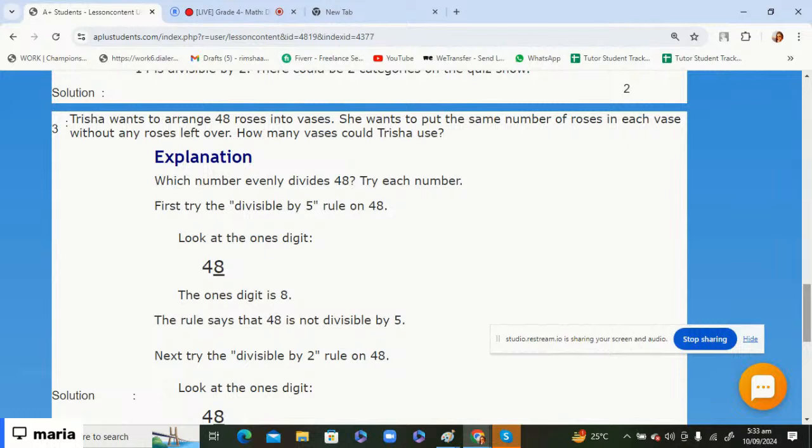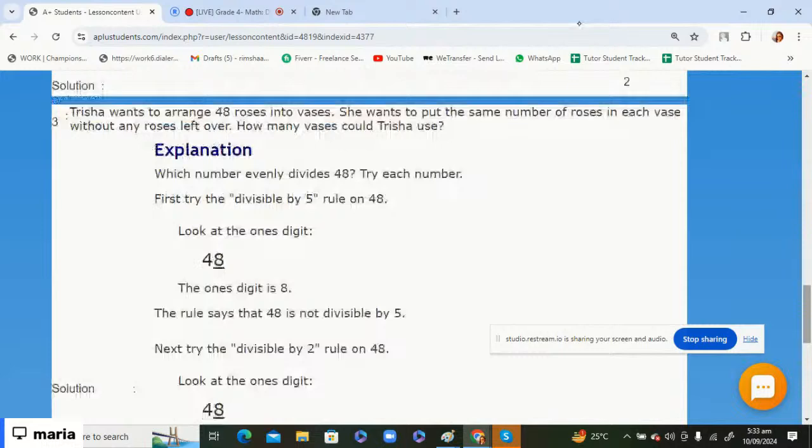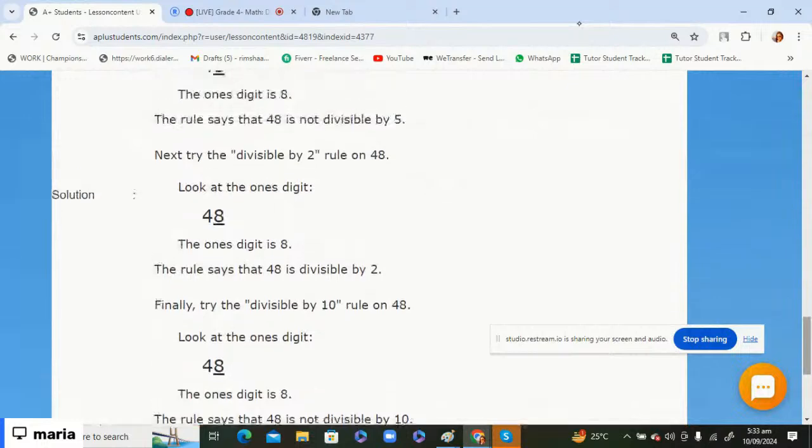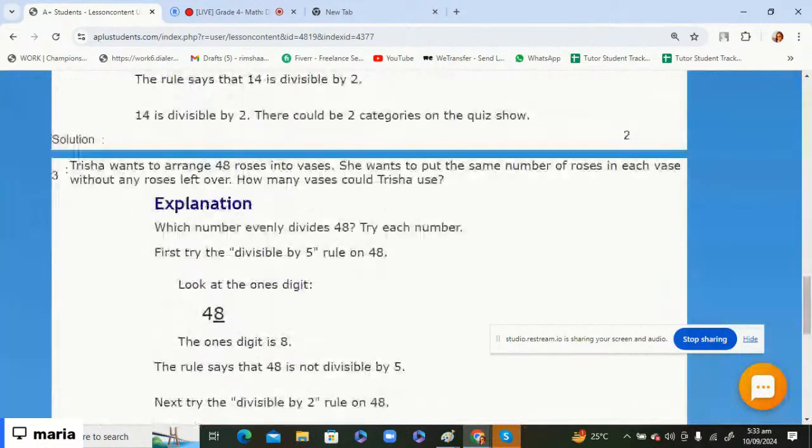Again 24, then you get 12. Again 12, then you get 6. Again 6, then you get 3. This one is also true. When you put 8, 8 times 8 is 48. Again the 2: 2 times 4 is 8, 2 times 2 is 4, and 2 times 1 is 2. So the simple thing is you select the 2 and then just divide it.